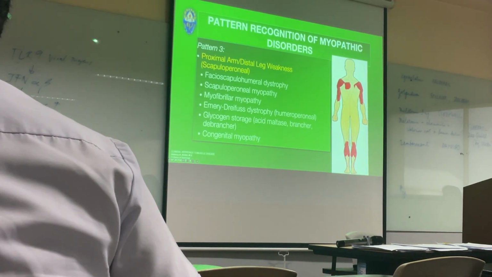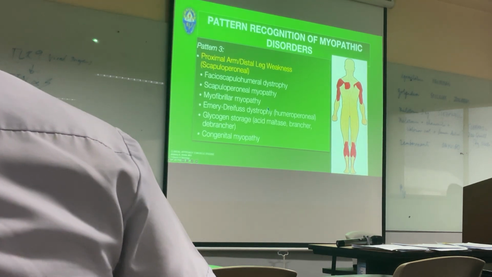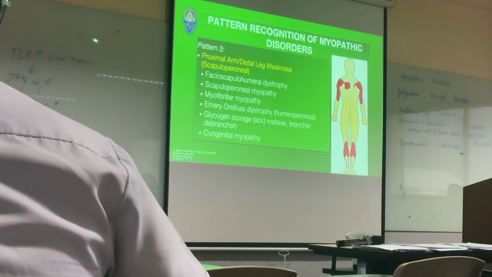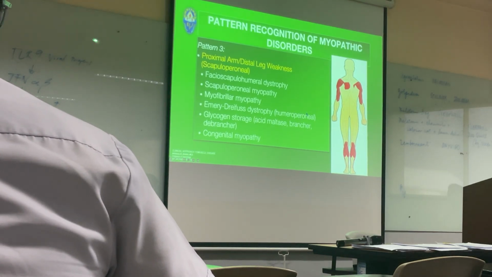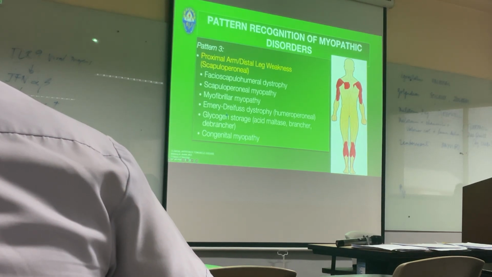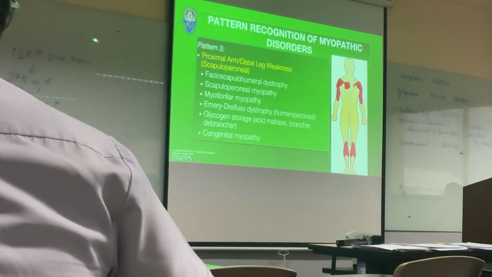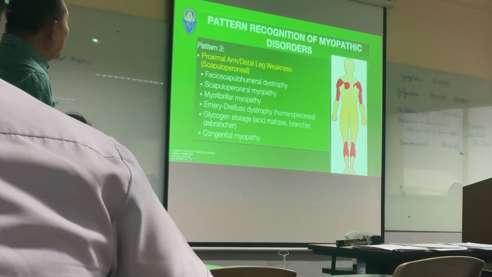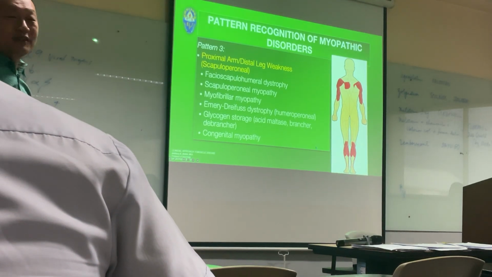Okay. What would be interesting probably in the exam would be using the word Emery-Dreifuss. But if you use the humeroperoneal, you already know the answer. So the question here is, if a patient is diagnosed with Emery-Dreifuss muscular dystrophy, what is the pattern? 1, 2, 3.